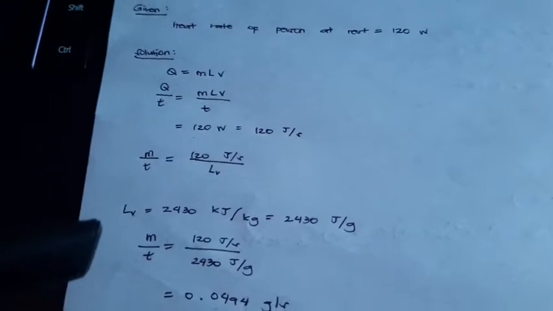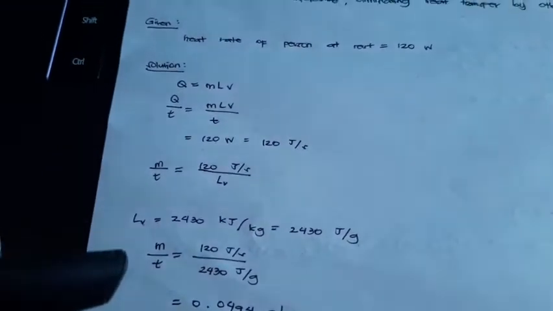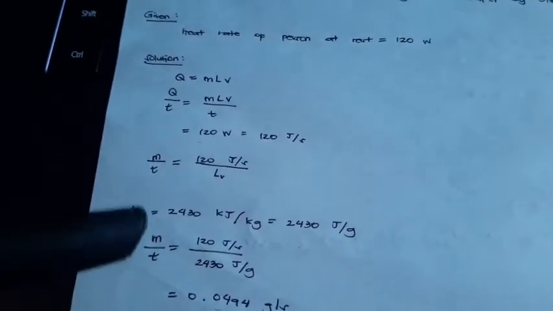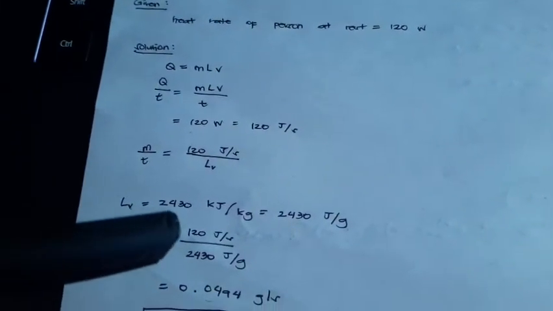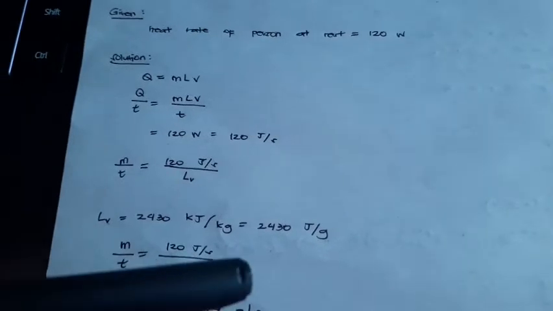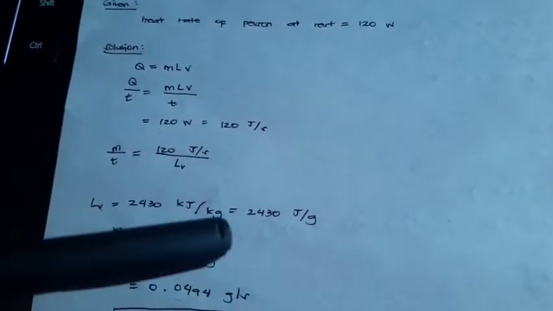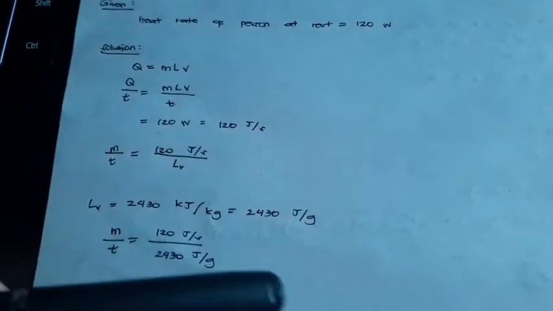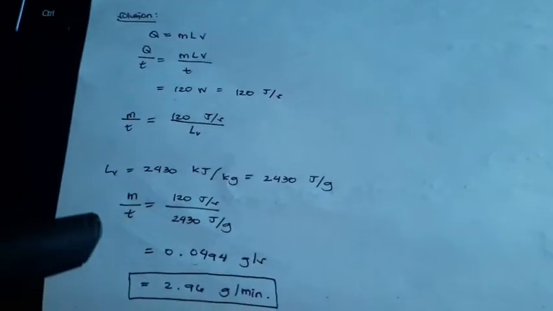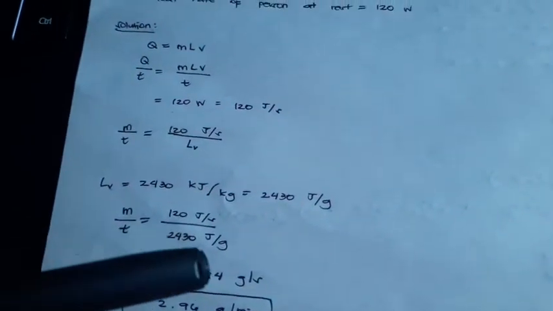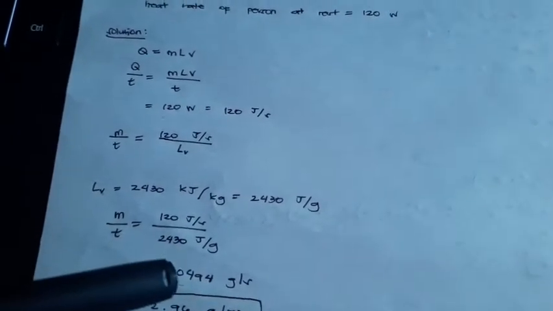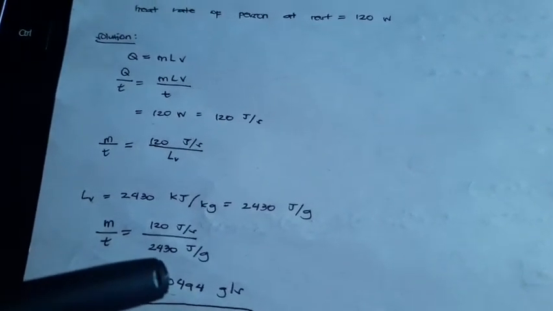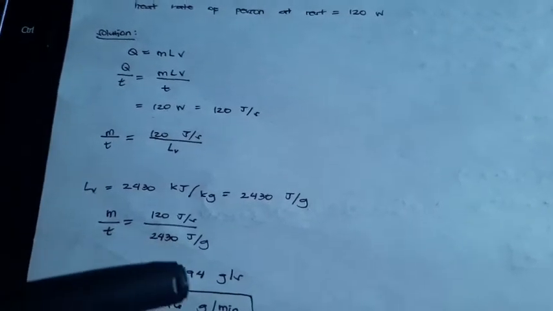So we divide by Lv. The latent heat of evaporation is equal to 2,430 kilojoules per kilogram, or 2,430 joules per gram. So m over T is equal to 120 joules per second over our Lv, 2,430 joules per gram.